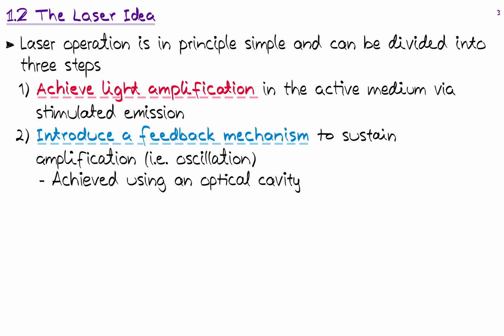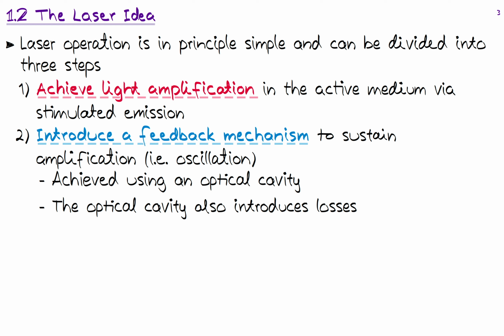We place a gain medium inside an optical resonator, and that's where we get the feedback. The optical cavity also introduces losses. That's in a way a downside or a feature of a laser resonator that needs to be battled and managed and engineered to really realize lasers. That's the second mechanism or step we need.